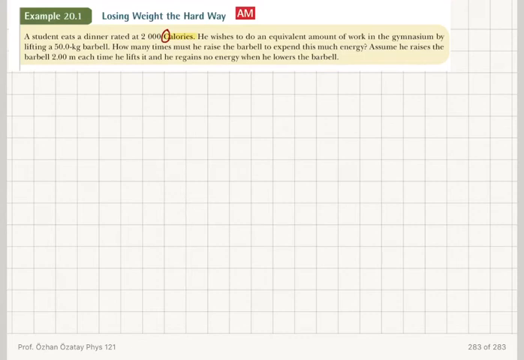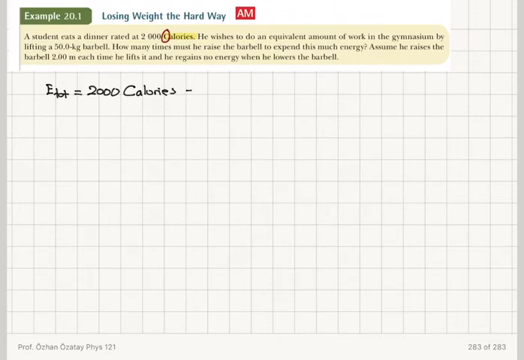How many times must he raise the barbell to expend this much energy? Assume he raises the barbell 2 meters each time he lifts it, and he regains no energy when he lowers the barbell. Okay, so the total energy we would like to expend is 2000 capital C calories.